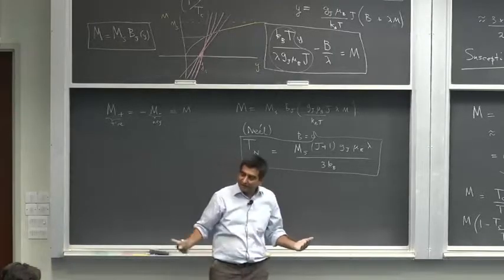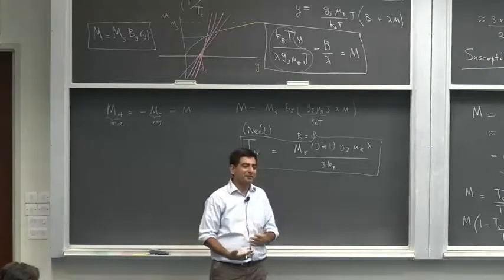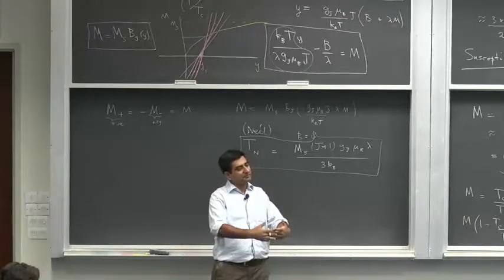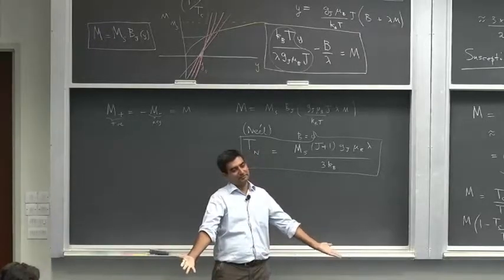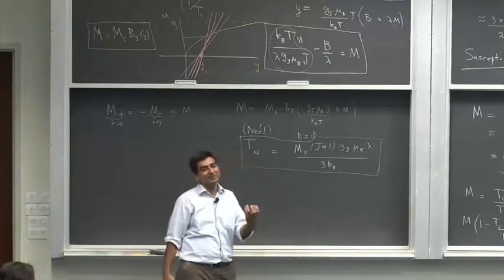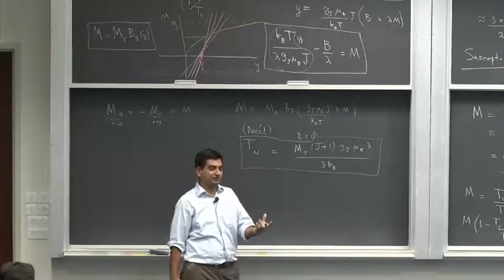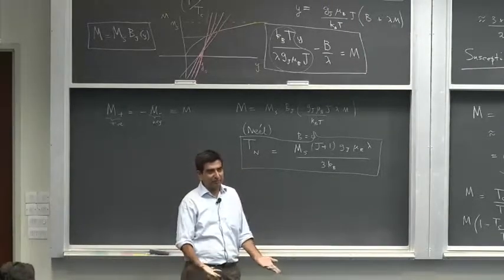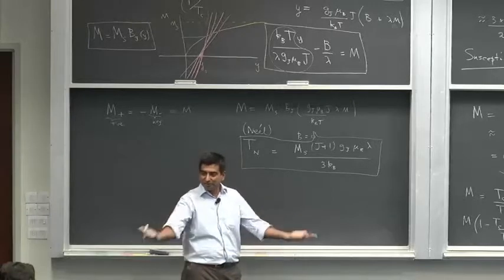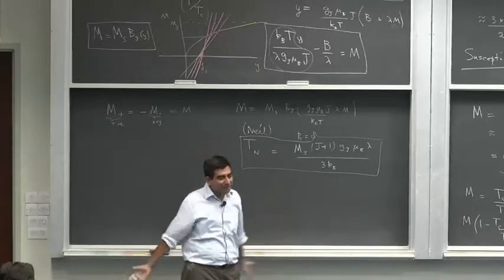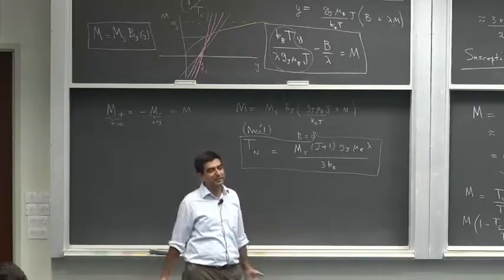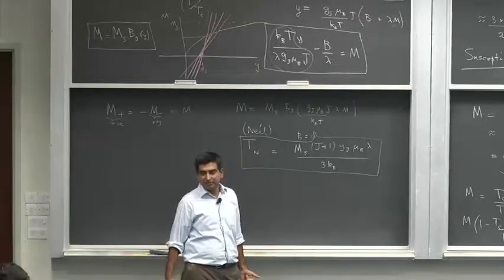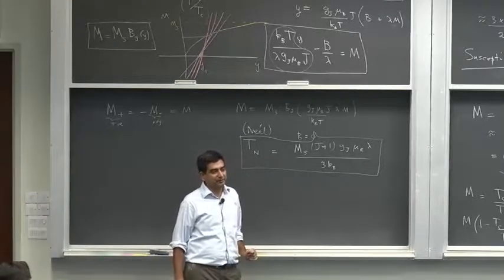Remember, if you are below the Neel temperature of an antiferromagnet, the magnetization is 0. So it's really hard to study antiferromagnetism because it does not leave its footprint. Its magnetization is 0. It does not produce a magnetic field. It does not produce a demagnetizing field. It does not have any shape anisotropy. So it's very hard to study antiferromagnets for this reason.